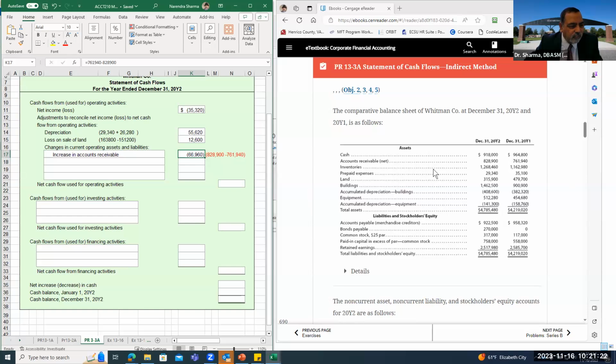The second one is the inventories. Inventories also have increased. Let's write here increase in inventories, and the amount will be, again, because it is an increase, I have to get a negative figure. So that will be 116,290 minus 126,800.